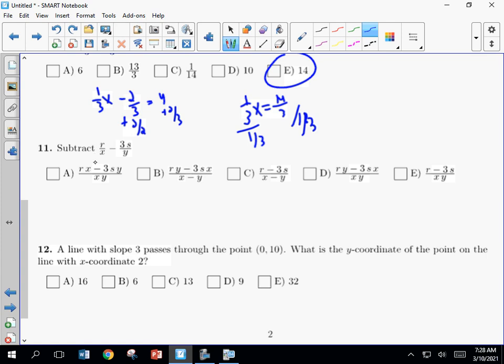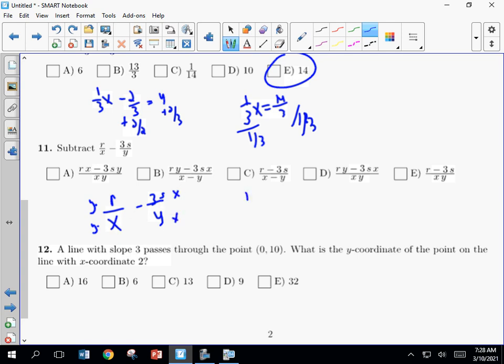This one, if you see one like this and you have to add and subtract variables, you can't do it in the calculator, but it's not that bad. In order to add and subtract fractions, you have to have a common denominator. So all you're going to do is multiply top and bottom by whatever the other denominator is. So y times this, and you multiply top and bottom by x.